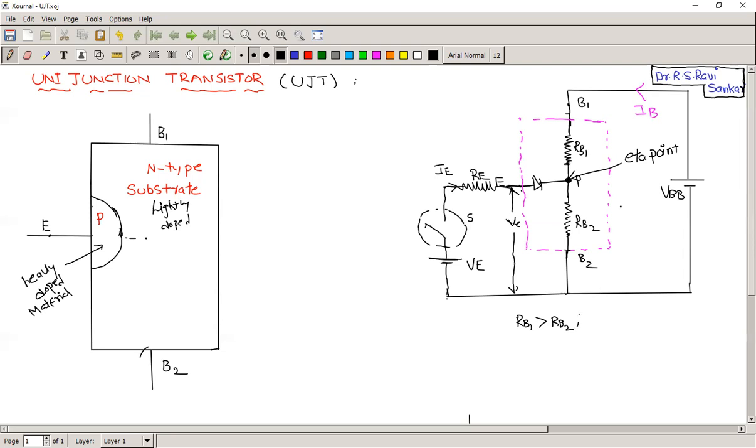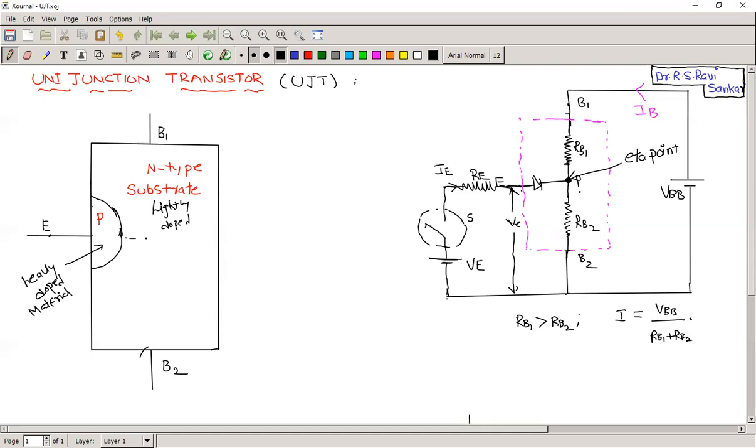The current between B1 and B2, when the emitter voltage or current is 0, we can write as I equal to VBB by RB1 plus RB2.